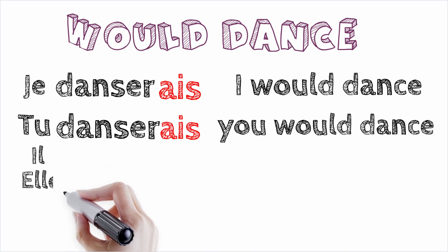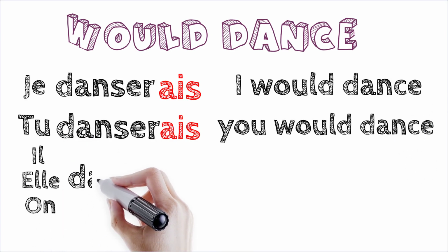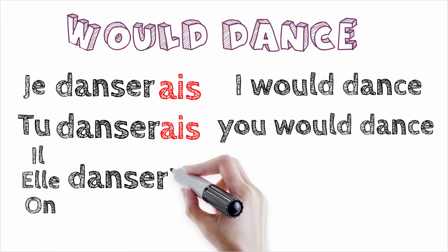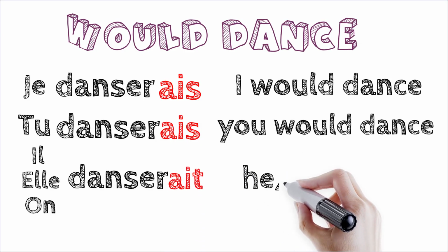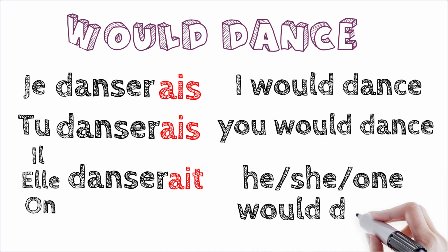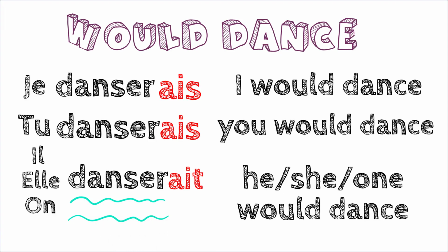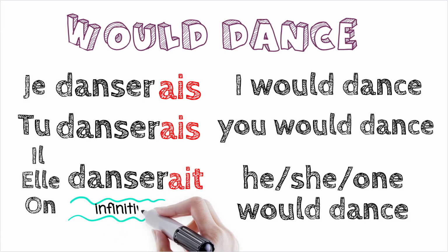Tu danserais. Il, elle, on, he, she, one, again, danser in the infinitive, and this time we're adding A-I-T to the end. Il, elle, on danserait, he, she, one would dance. So you can see that our future stem here is the infinitive danser, and that's the case with most verbs in French.